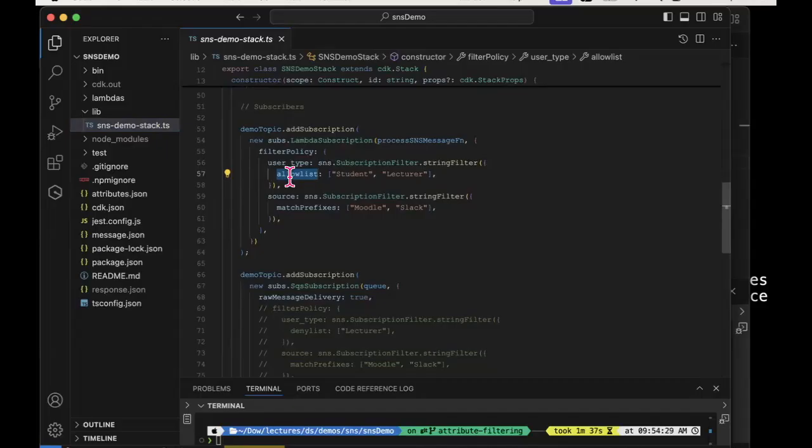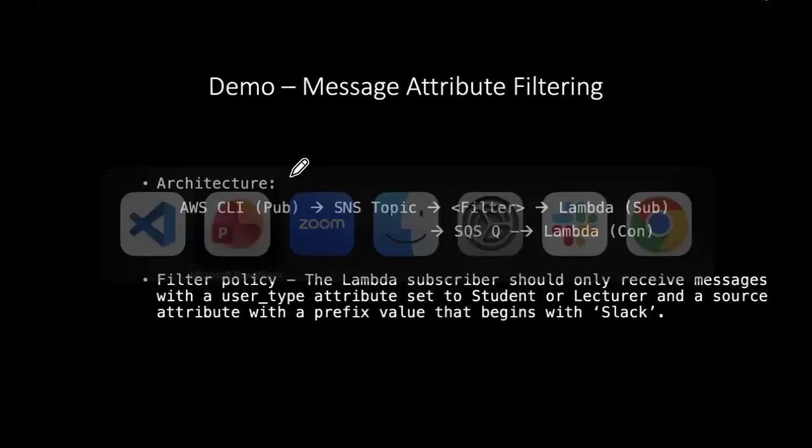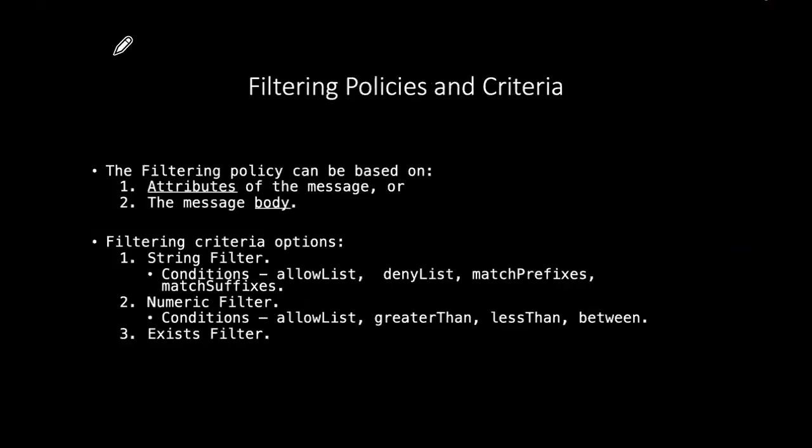And again, if I switch back to my slides, we said if the attribute type is a string, then there are these various filtering criteria that you can define. The allow list is one of them. In the allow list, you specify an array of legitimate values for the string.